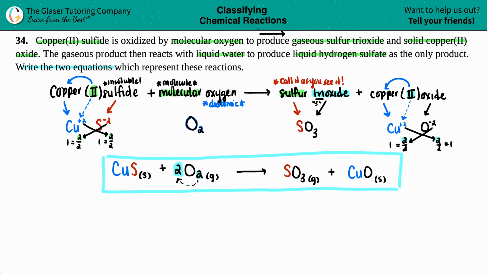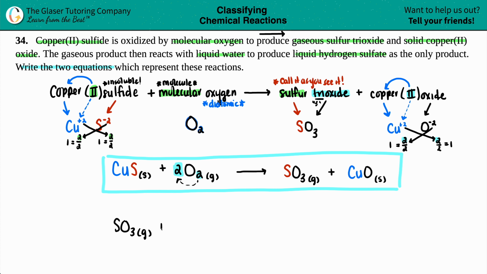Now we're just going to do the second part. So it says the gaseous product then reacts. So remember, the products are always the right side. And we want the gaseous product. This one was a gas. Not talking about the CuO because that's a solid, but the gaseous one. So we know that SO3 gas is going to react with liquid water.